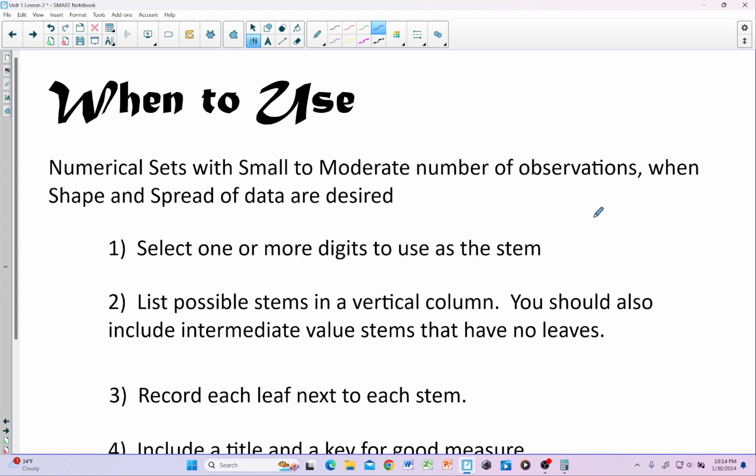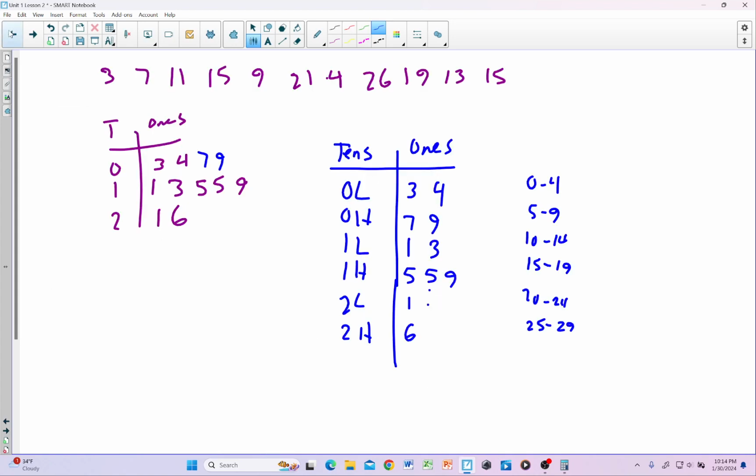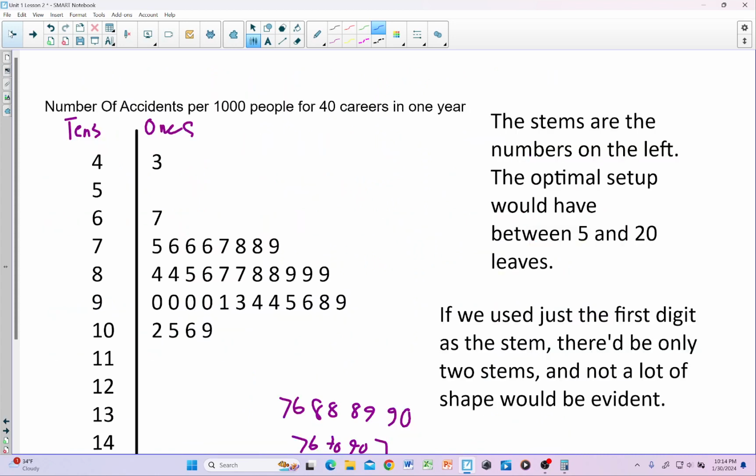Okay, so essentially, select a digit as the stem, list all the possible stems in a vertical column, and notice that, as you saw, I included intermediate value stems that have no leaves. So when I went back and looked at my original plot, I had no numbers in the 50s, but I included a 5 anyway because I want to leave a space because maybe I'll get data in that area.